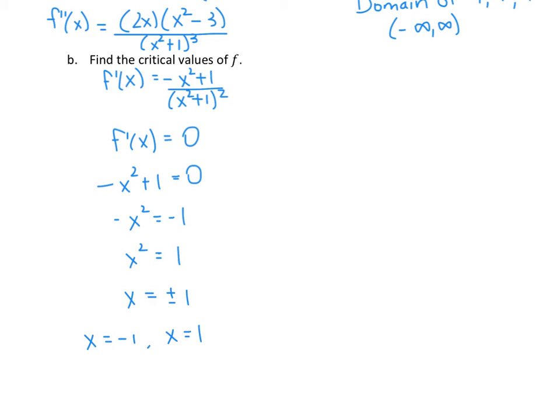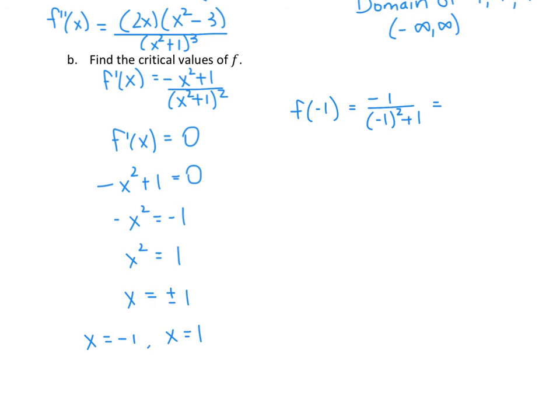Let's go ahead and plug our critical values, negative 1 and 1, back into our original function f of x to get the corresponding outputs for the critical values. So if we plug negative 1 into our original function, we have negative 1 divided by negative 1 squared plus 1.